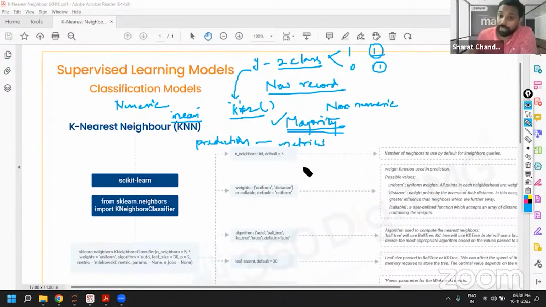And always remember, when we talk about metrics, a lot of newbies in the machine learning world always fall back to accuracy only. By default, they fall back to accuracy calculation, but always remember this is not the only parameter.